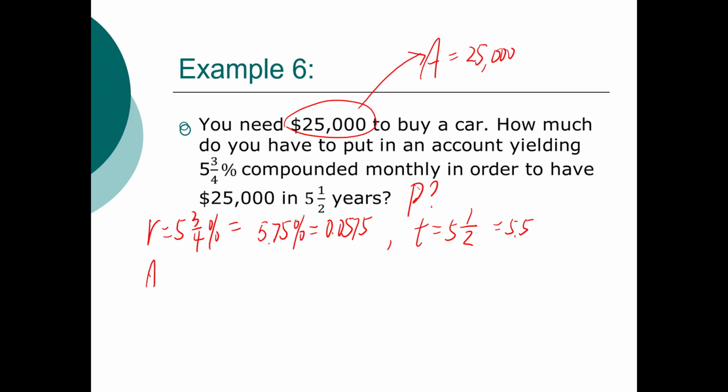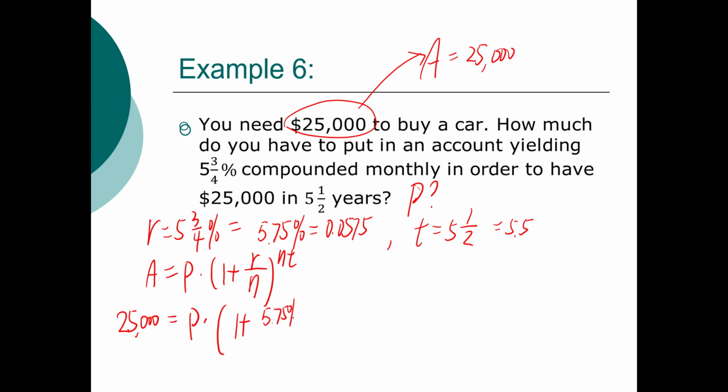So ending balance equals principal times 1 plus the rate over the period, raised to nt. One more time, ending balance is 25,000. Principal, that's what we're looking for, or the initial investment. Rate is 0.75% over the number of compounding periods, compounding monthly, so equal 12, and then raised to 12 times 5.5.